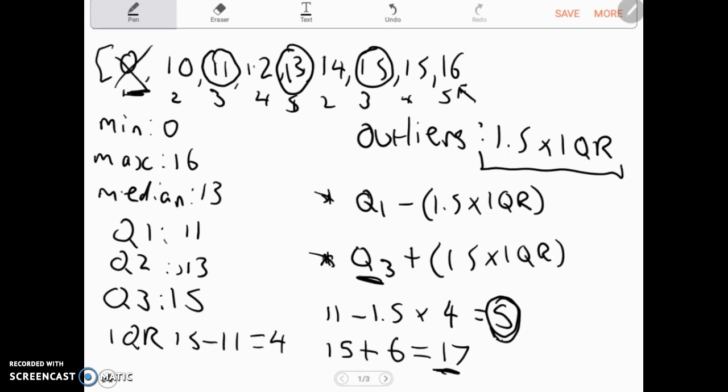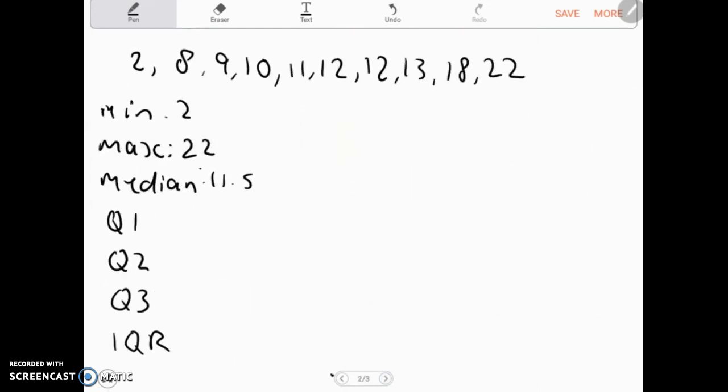Okay? So, I'll just do another example. Here we've got another data set. We've got a minimum of 2, maximum of 22, a median of 11.5. So Q1, first of all, we'll need to figure out Q1. Q2 is 11.5, which I think from memory was between these two. So 11.5 is in there somewhere.